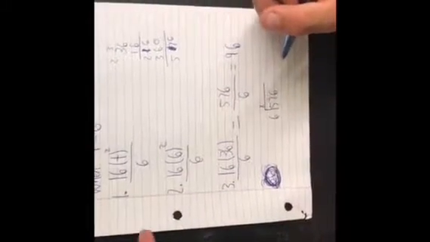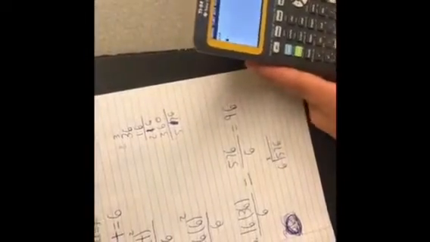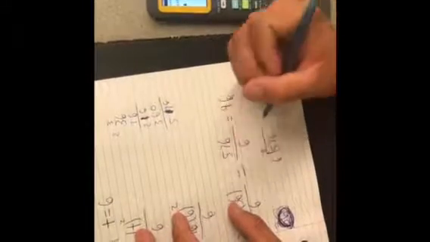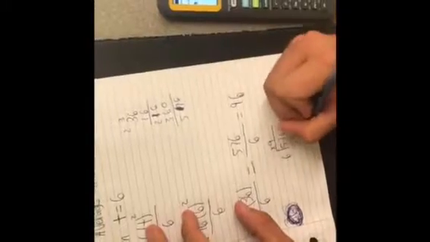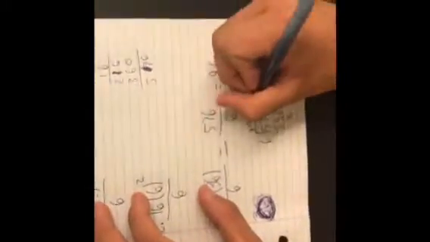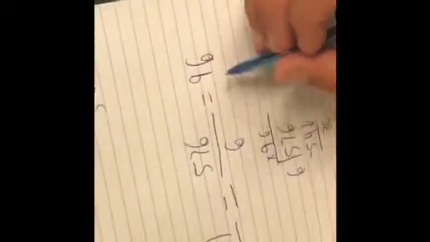Let me do this real quick. 6 times 9 is 54, so that's going to give you 576 minus 54, 36. 36 minus 36, 0. And as you can see, the average speed would be 96 feet per second. Cool.